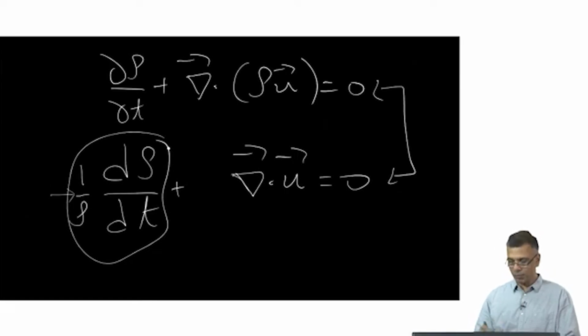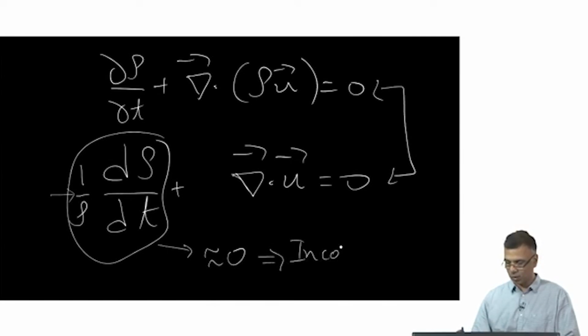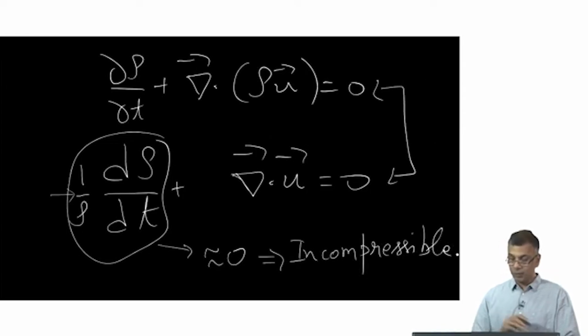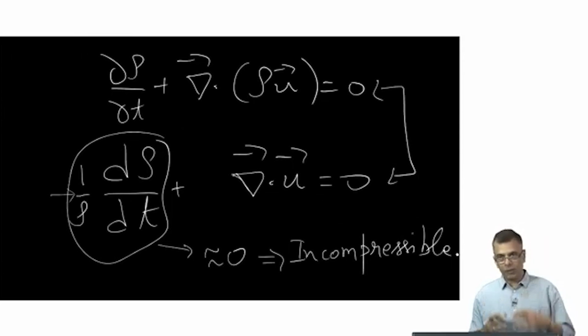If this is equal to 0, then it implies an incompressible flow. In other words, according to the person who's moving along with the fluid parcel, there are not too many density changes.